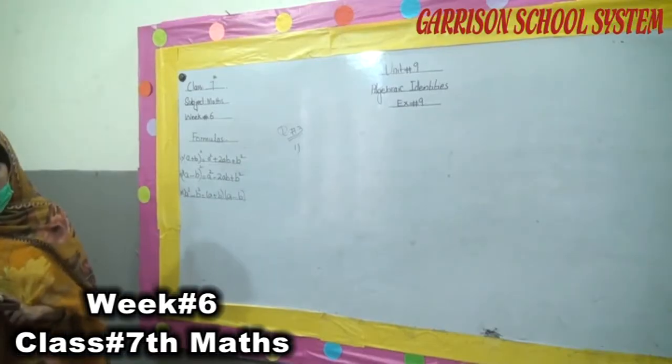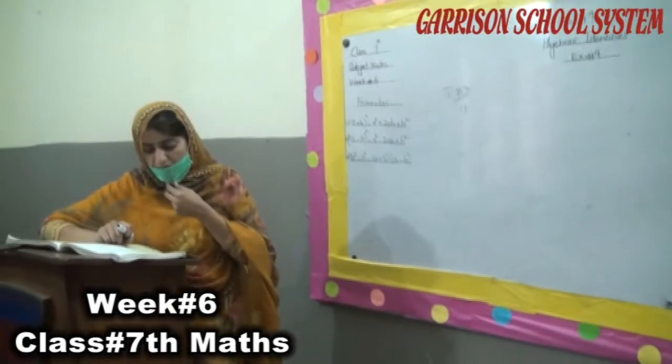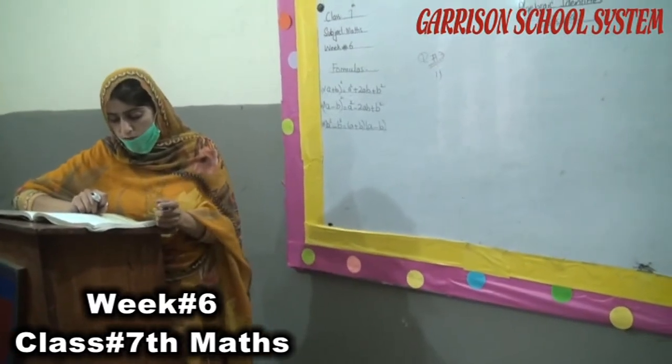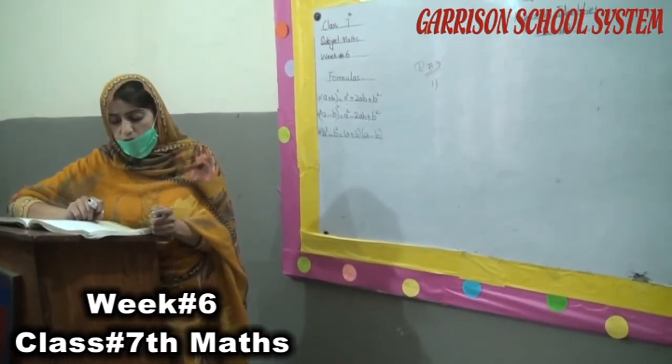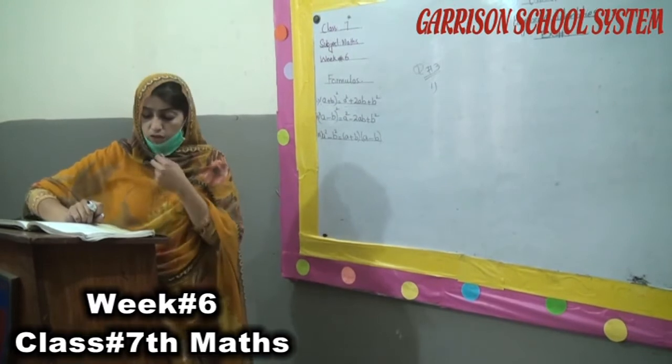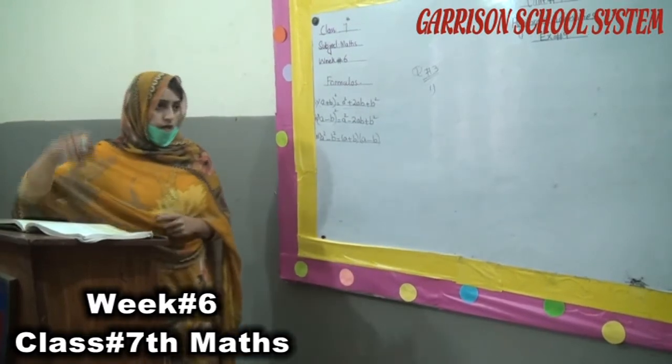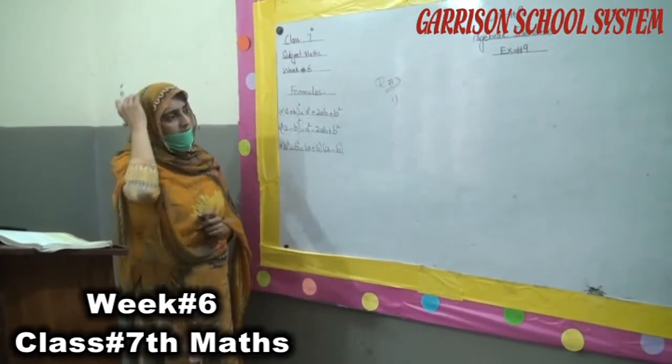First part is 16a square plus 24ab plus 9b square, when a is equal to 4 and b is equal to 3. Evaluate means we have to find the value.